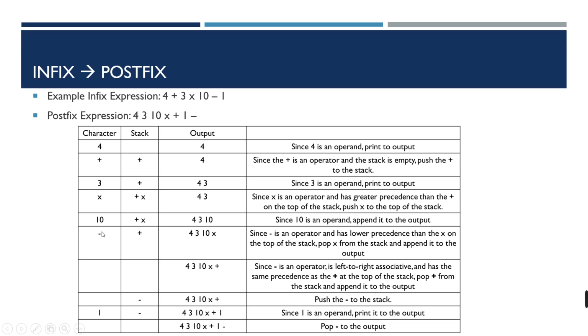And then we need to compare the minus and plus. Since the minus has the same precedence as the plus at the top of the stack, pop the plus from the stack and append it to the output, and then push the minus to the stack.